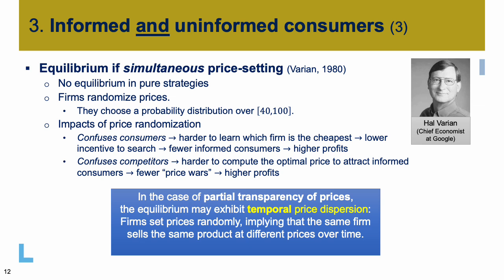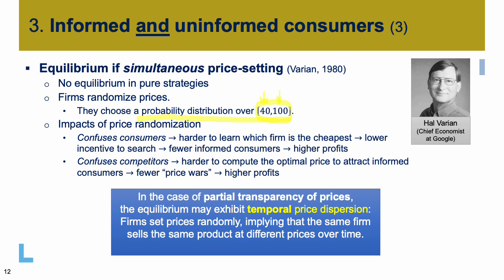What does that mean? It means here that both firms will choose a probability distribution on some interval. They will draw a price between the two extremes that we have examined before. The price of 40 is the price under which they don't want to go, and the price of 100 is the price above which there is no reason to go.